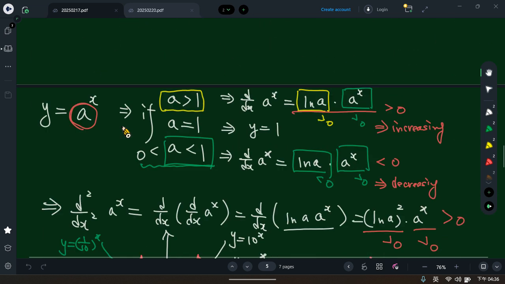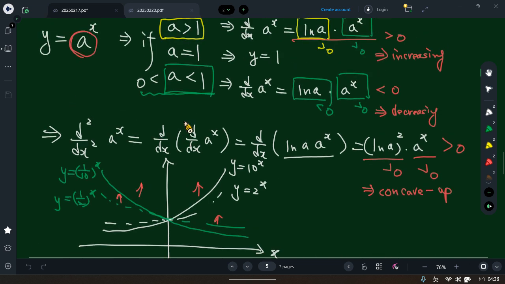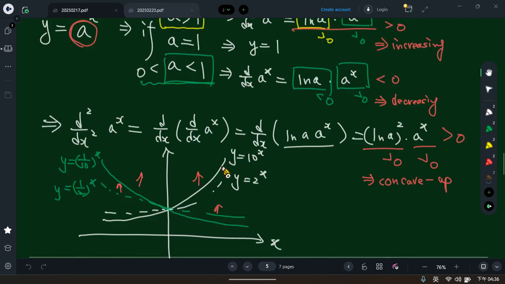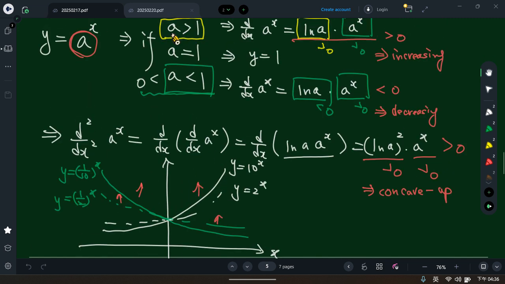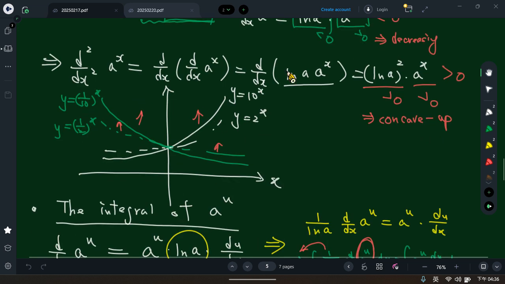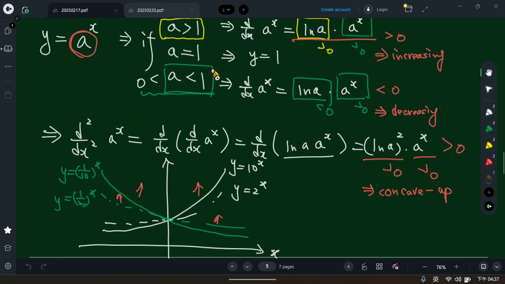Then we also learned the behavior of y equal to a to the power of x. No matter what a is, whether a is larger than 1 or less than 1, its corresponding curve is always concave up.